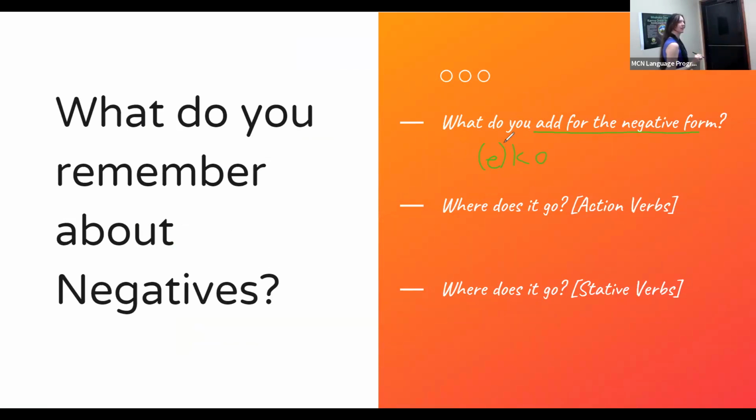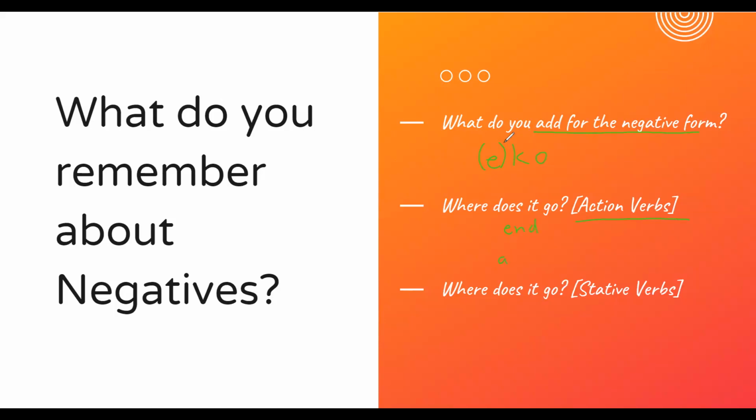Nice. Where does it go for an action verb? At the end. Before what? Or not before, after what? Person marker. Nice. After the person marker.